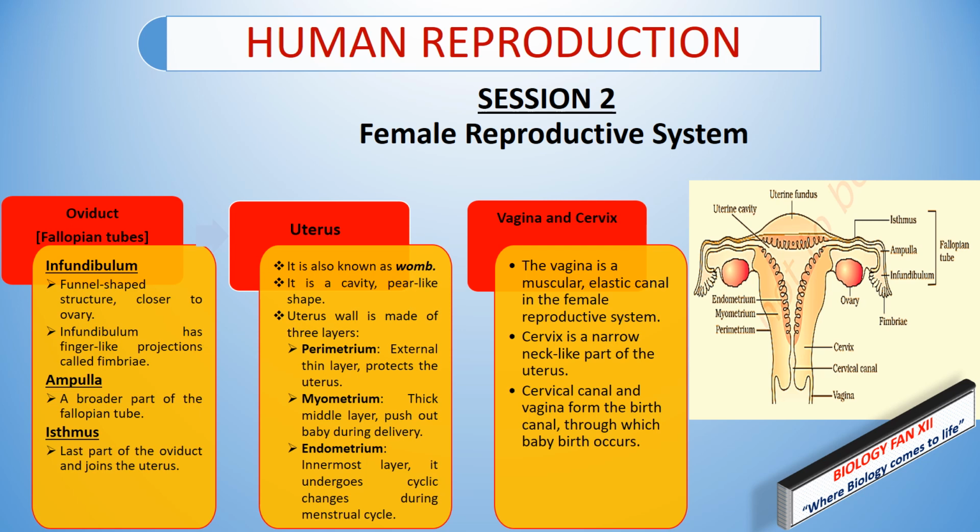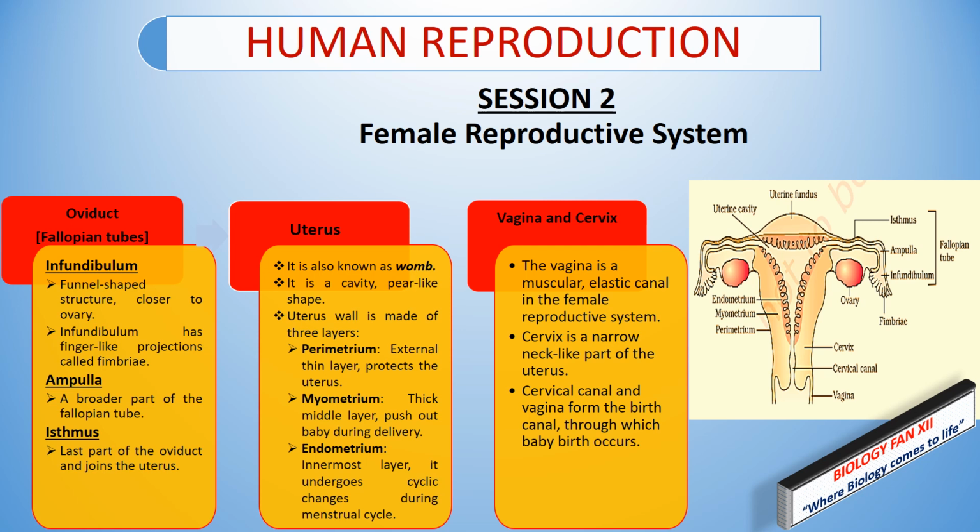Infundibulum is a funnel-shaped structure closer to the ovary. The infundibulum has finger-like projections known as fimbriae. These fimbriae help in the collection of the ovum after ovulation.